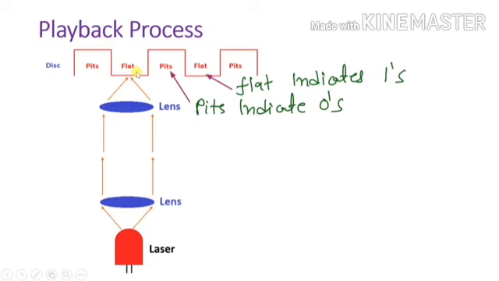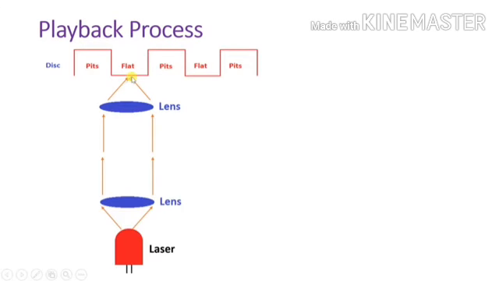So that digital data on the disc will be falling under this laser beam, and from this disc light will get reflected back. That reflected light will then get reflected again from a mirror.